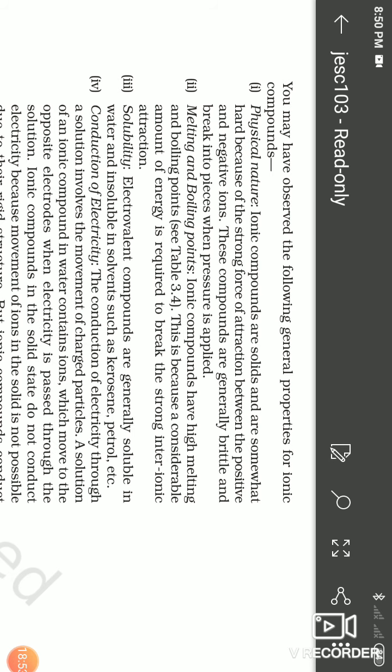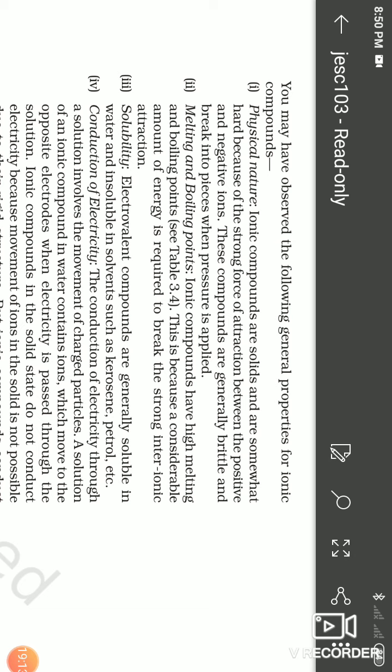This is because, unlike in water, a new attractive force cannot be established in these solvents. Ionic compounds cannot conduct electricity in the solid state.